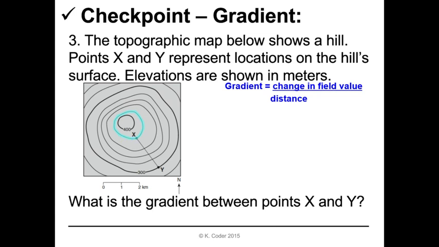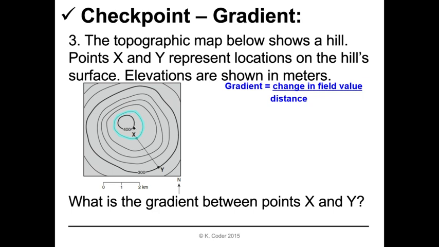Okay, so if Y is 300, X is 400. We have a difference of 100 meters between this index line and this index line. We have 1, 2, 3, 4, 5 spaces. So 100 divided by 5 is 20 meter intervals.